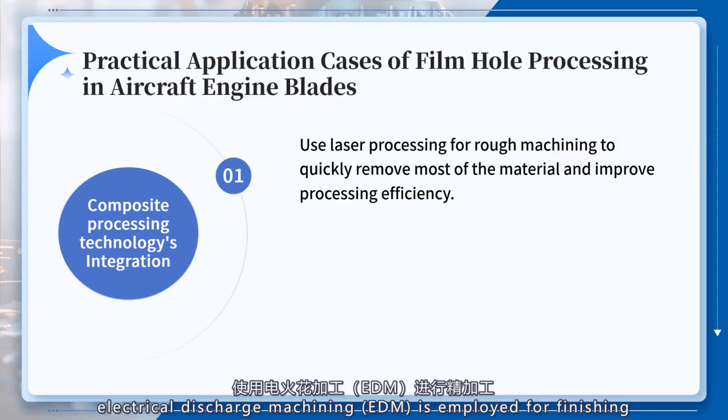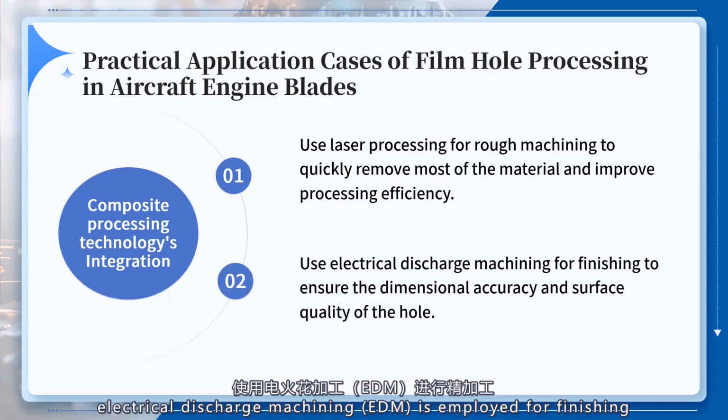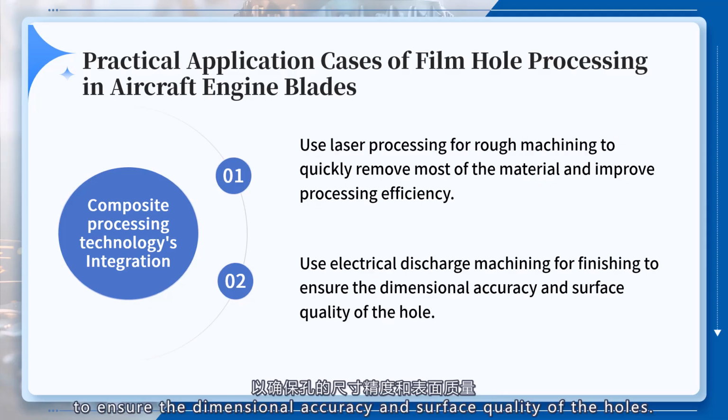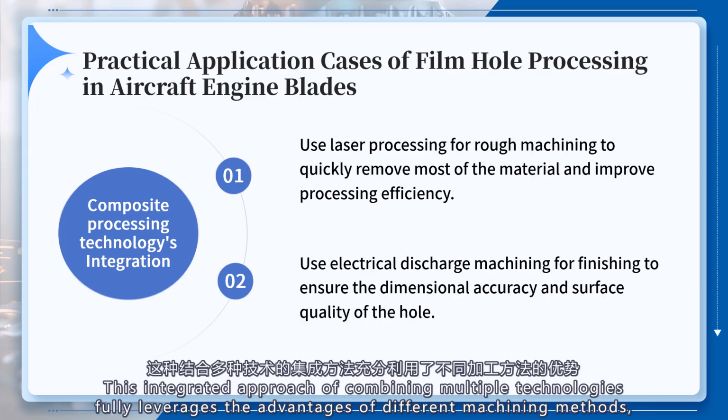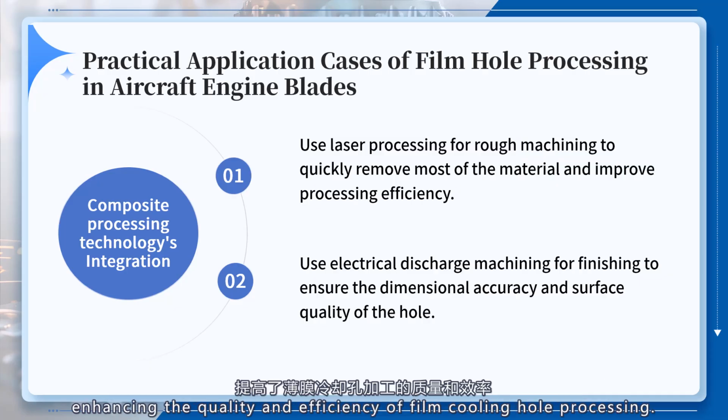Then, electrical discharge machining (EDM) is employed for finishing to ensure the dimensional accuracy and surface quality of the holes. This integrated approach of combining multiple technologies fully leverages the advantages of different machining methods, enhancing the quality and efficiency of film cooling hole processing.